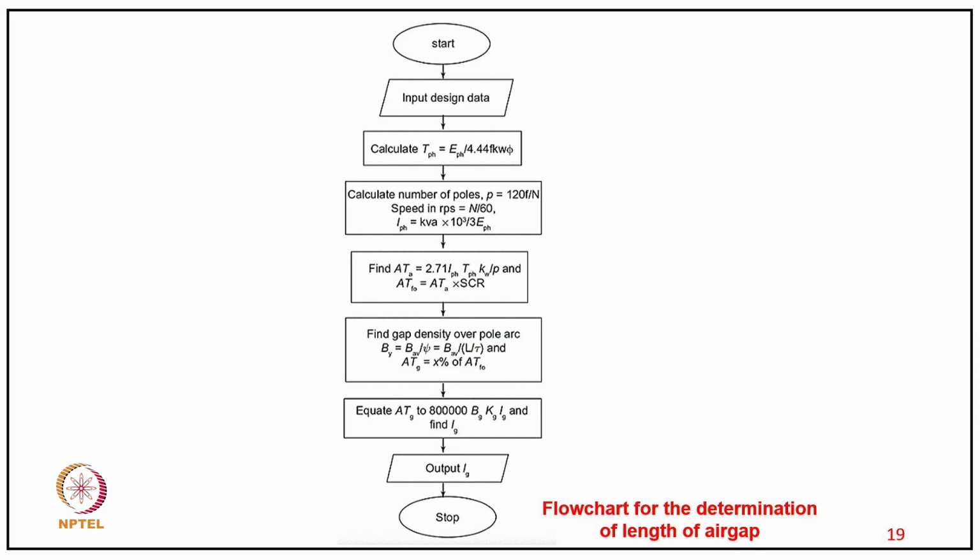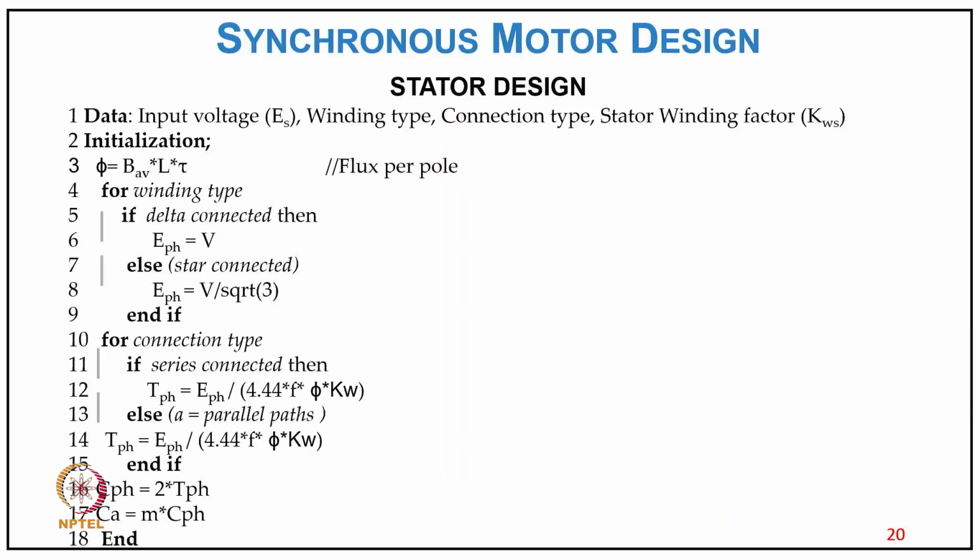Find the gap flux density over the pole arc, B equal to B average upon psi or B average upon L upon tau, and ATg typically 80% of ATf, and equate it to 800,000 BG Kg LG, and find the LG and output LG and stop.